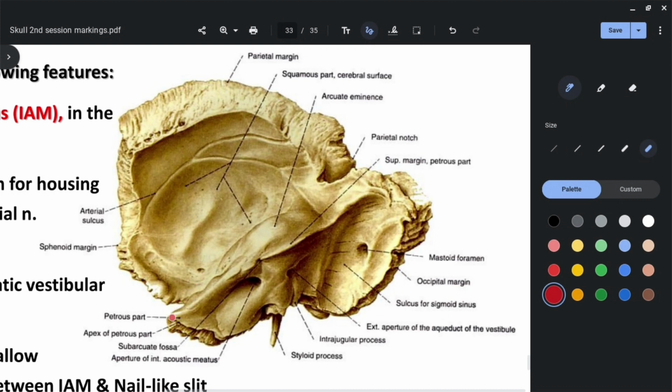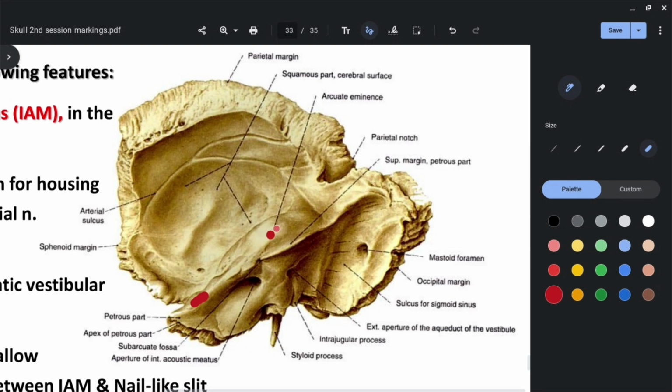First talk about the anterosuperior surface. This surface has very few landmarks. First we have the spine of the petrous part, which attaches with the body of the sphenoid and makes the foramen lacerum. Then we have the trigeminal impression, and as you move backward we have the arcuate eminence.